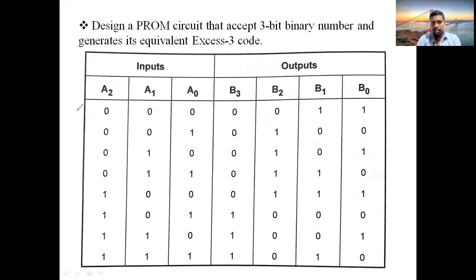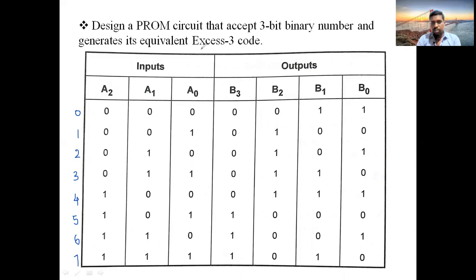Write the values: this is the value of 0, this is 1, 2, 3, next 4, next 5, and this is 6, and this is 7. So total 0 to 7, 8 combinations are written here at the input side.